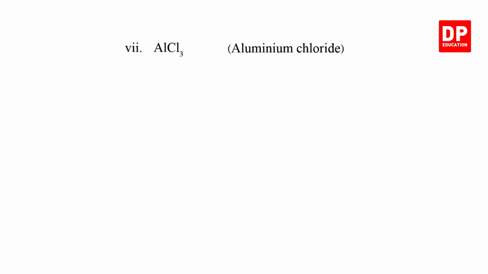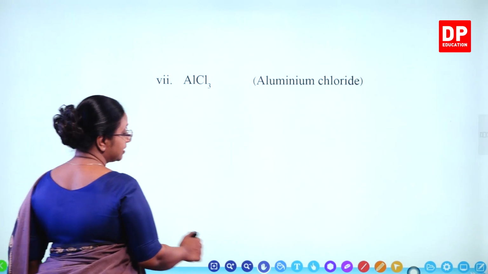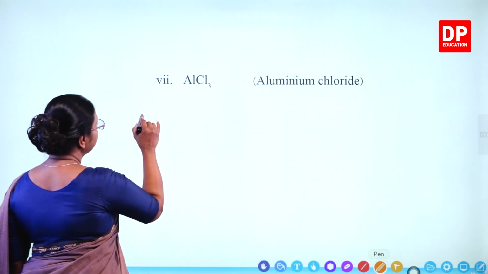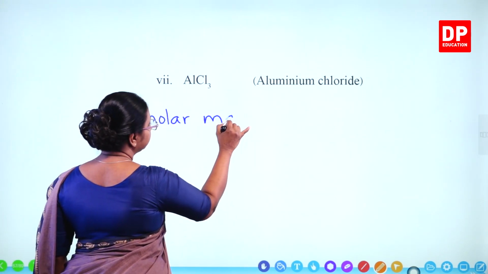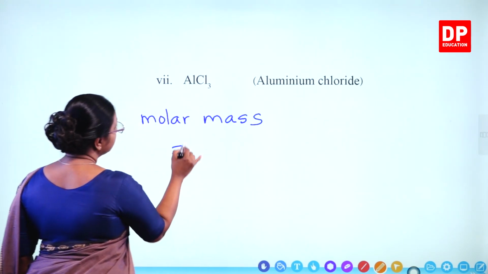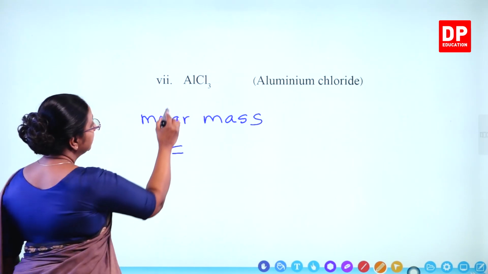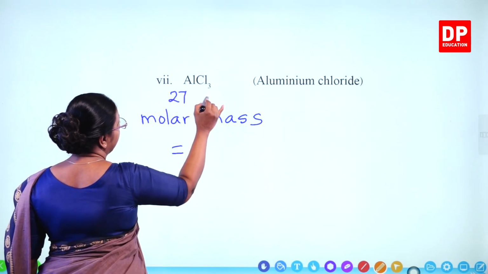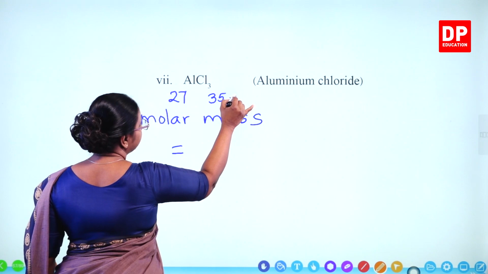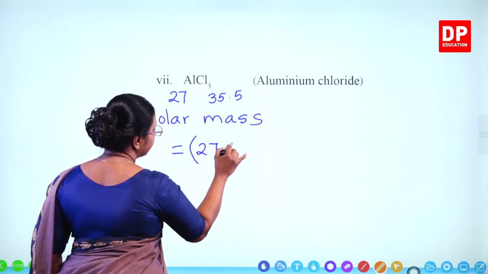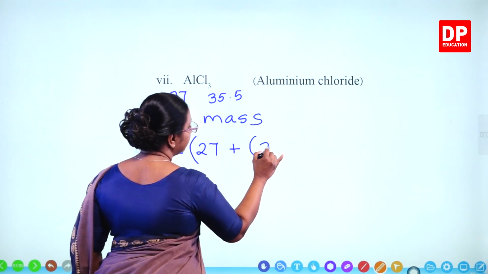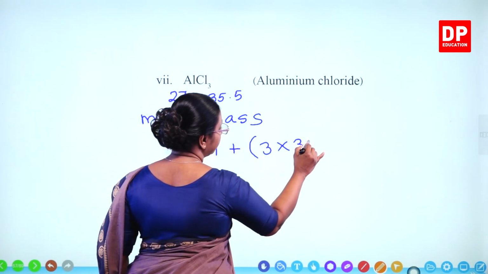AlCl3, that is aluminium chloride. So here what is the relative atomic mass of aluminium? We need to find the molar mass. To do that, aluminium, it's 27 and chlorine is 35.5. So what do we do? 27 plus 3 times 35.5.